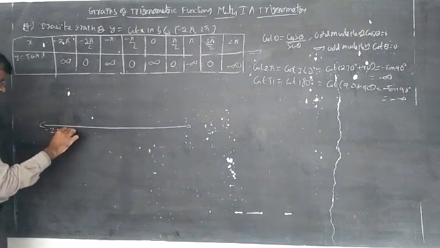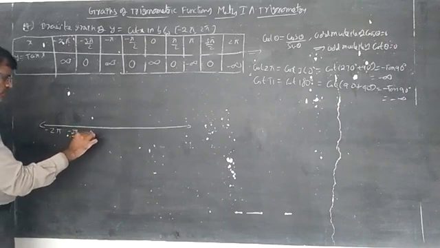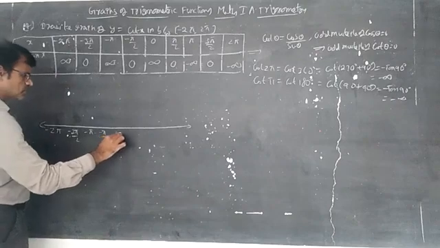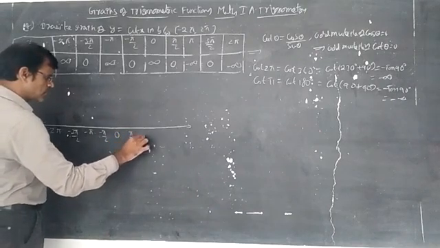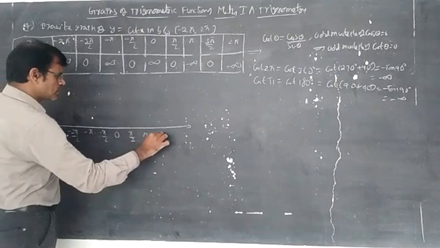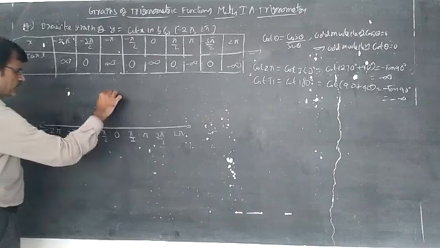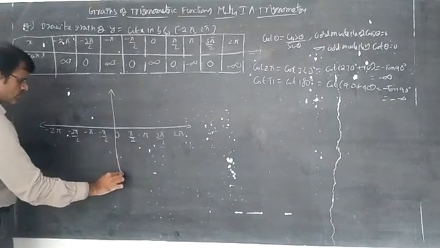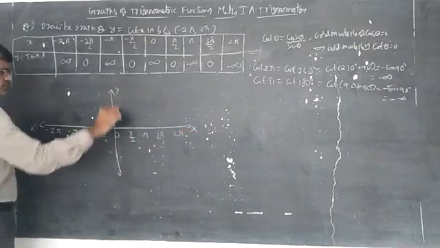Minus 2 pi, minus 3 pi by 2, minus pi, minus pi by 2, 0, pi by 2, pi, 3 pi by 2, and this is 2 pi. This is x dash, this is y dash.